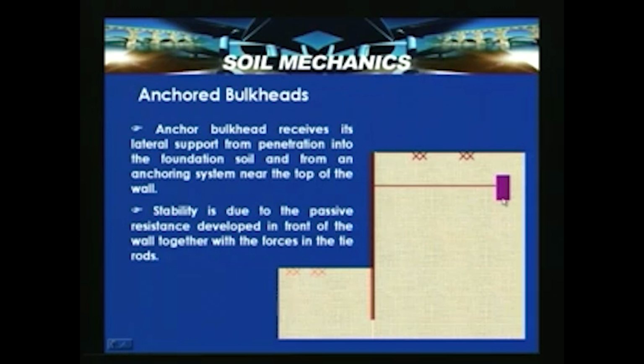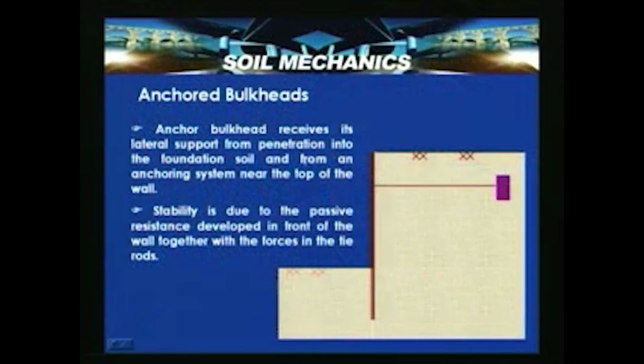In the forthcoming slides, we look into how these anchored bulkheads can be analyzed and how we can calculate the forces in the tie rod. In practice, advanced programs like the finite element method are also used to compute and design these walls.